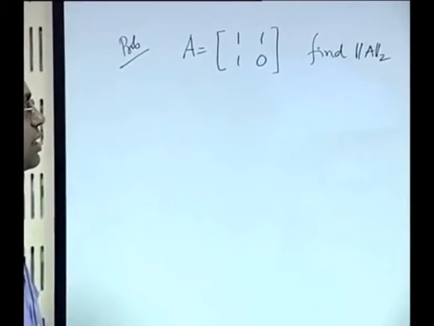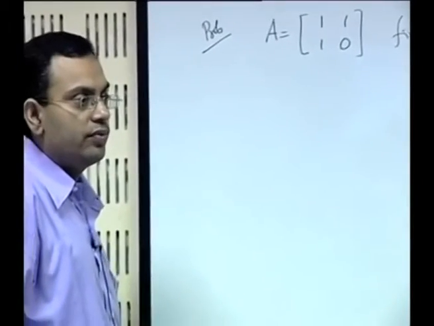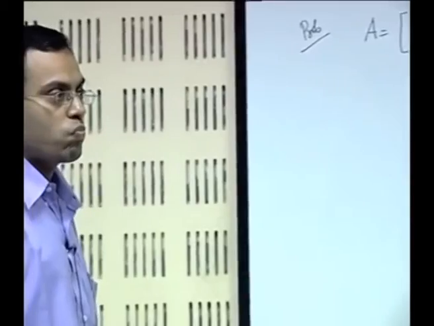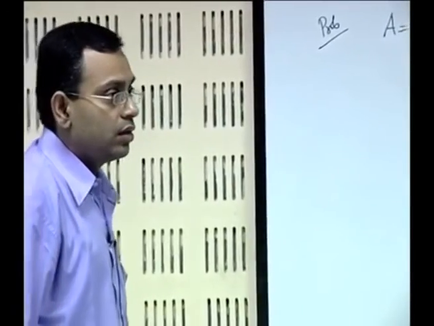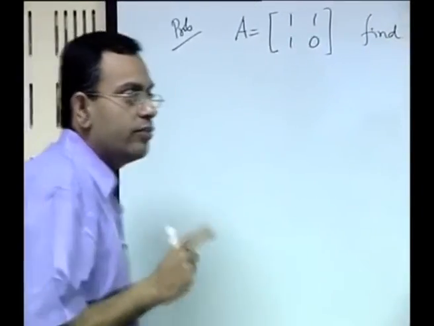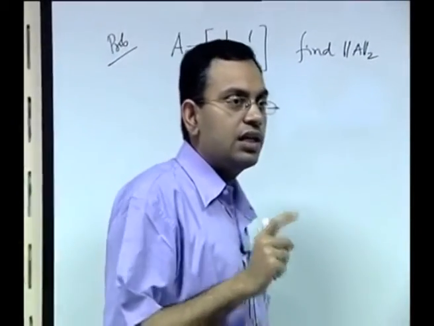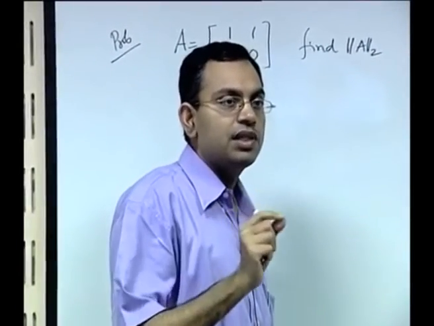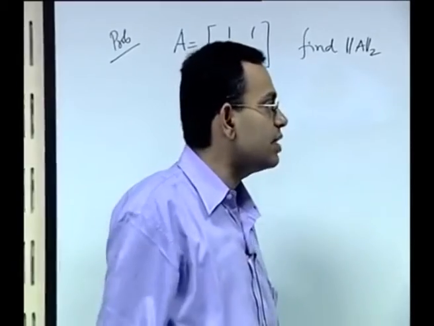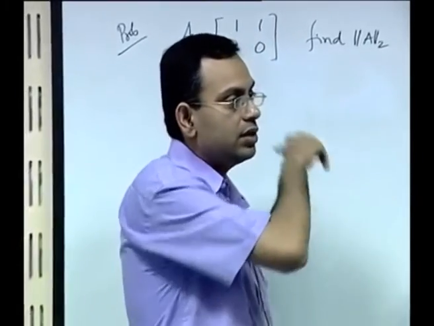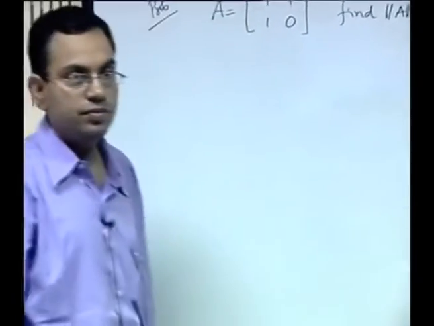So this A is given, you have to find out the second norm of A. The first norm and the infinity norm for a matrix are kept for special purposes, and we will touch upon them separately, but here we consider the second norm.